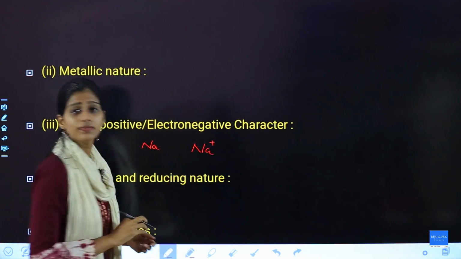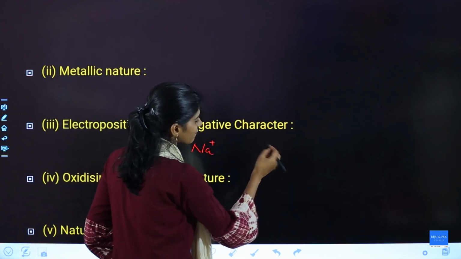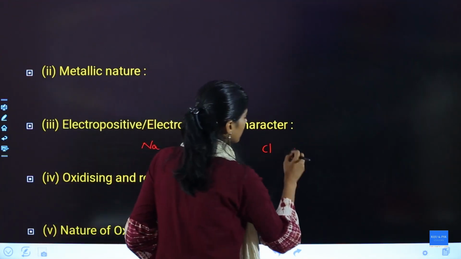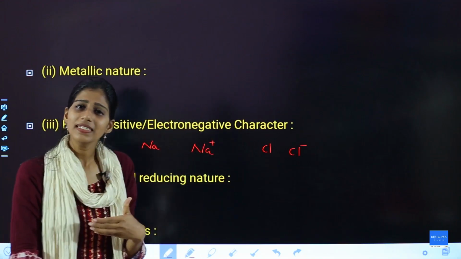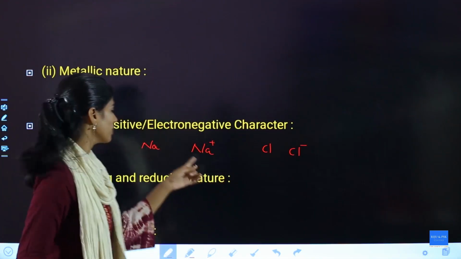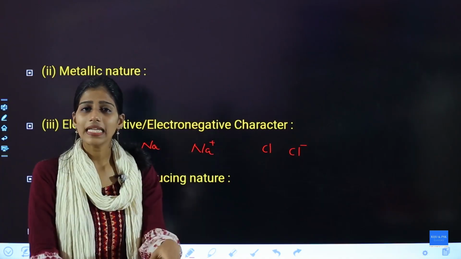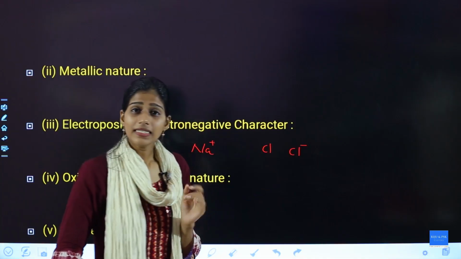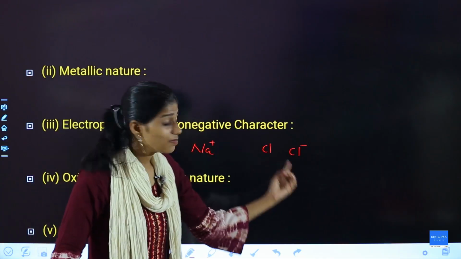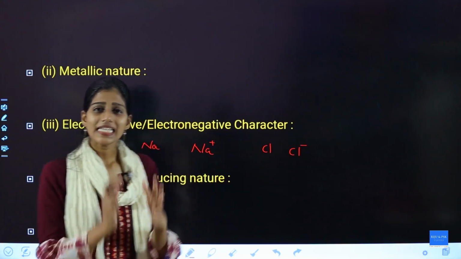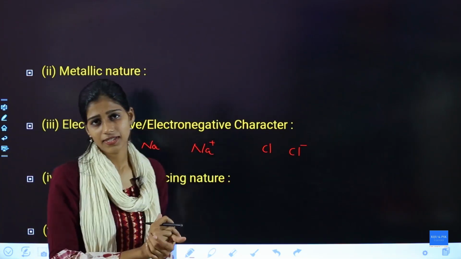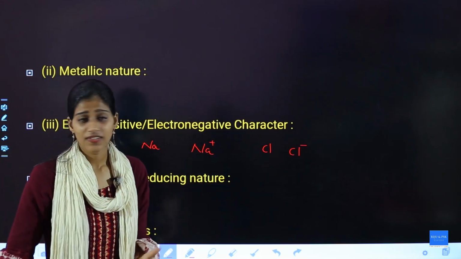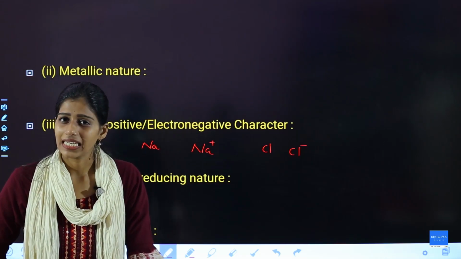Whereas halogens, fluorine or chlorine, have a tendency to gain an electron and they become Cl-. The ability to lose an electron and become positively charged is electropositive character, whereas the ability to gain an electron and become negatively charged is electronegative character, and both are opposite. Metals are electropositive and non-metals are generally electronegative.